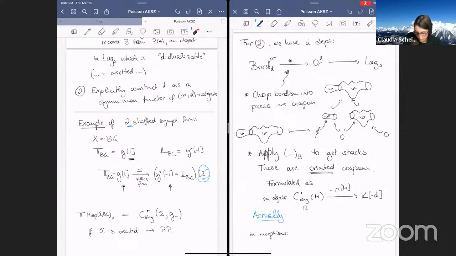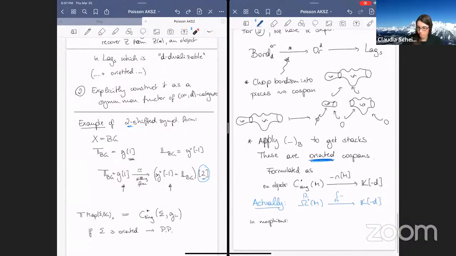So we replace this by de Rham forms just for convenience. And then we just do integration, just because we like integrating and we know how to do that. Okay, so our oriented cospans are encoded by this integration map.